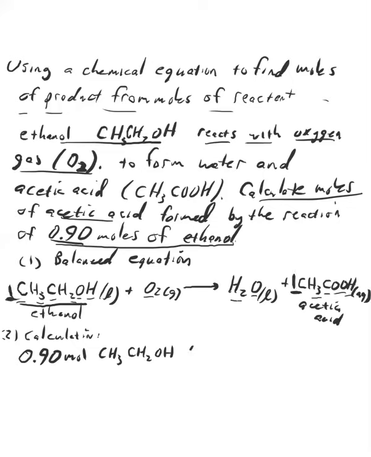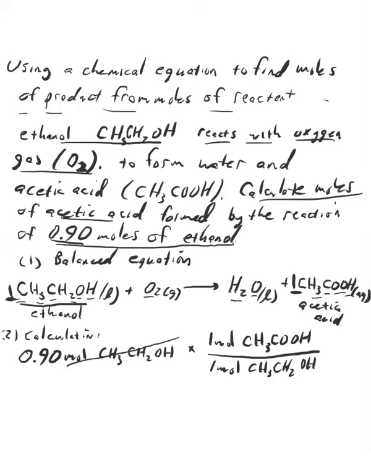So you multiply it by 1 mole of acetic acid, that's the one you want, divided by 1 mole of ethanol, the one you're given. The moles of the one you're given are going to cancel, and you're going to be left with the moles of the one you want, which is the acetic acid. So 0.90 times 1 divided by 1 is 0.90.